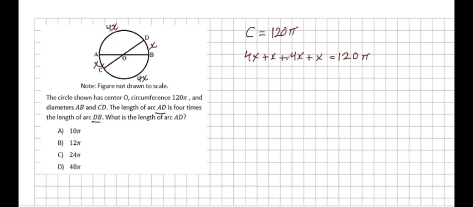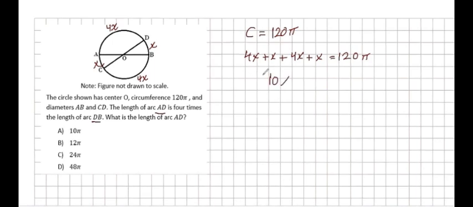When you get X, consider pi as a constant. Pi is available in the options, so don't worry about replacing pi with any other number. So we can add them all together. 4X plus 4X is 8X, 8X plus X and X is 10X.